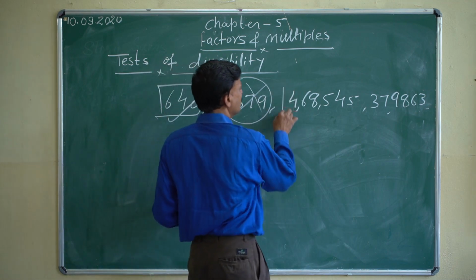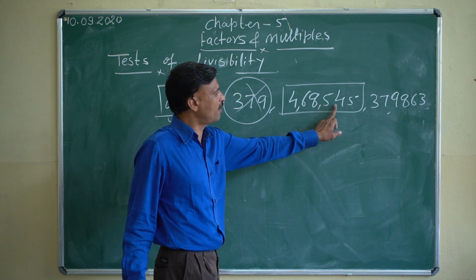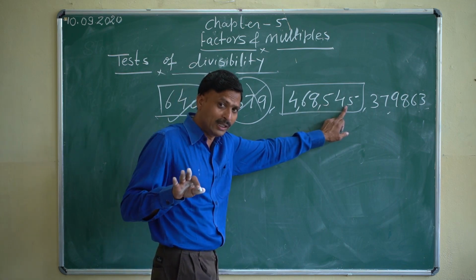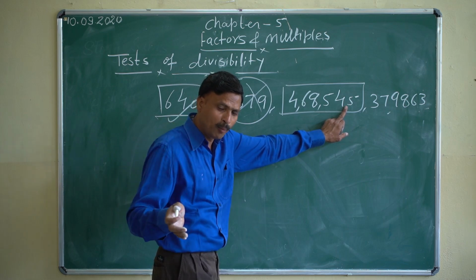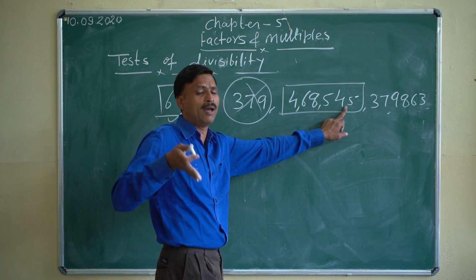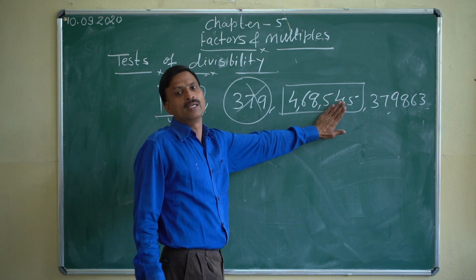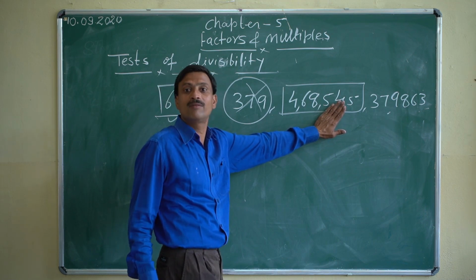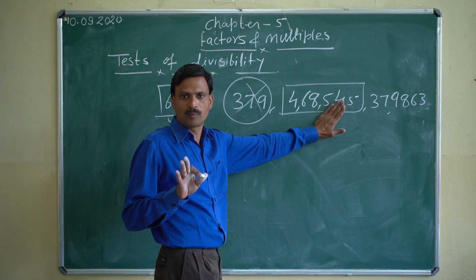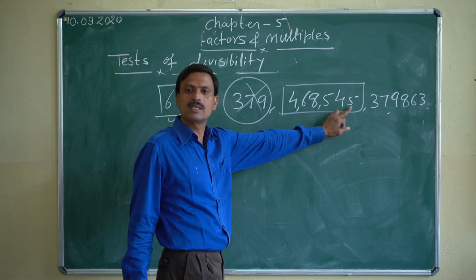Now, the third number, that is 4,68,545. This number is exactly divisible by 5. See, I am not dividing the number, but with the help of the rule we can say without dividing whether the number is divisible by 5 or not. This number will definitely be divisible by 5, because the rule says the unit place digit of the number must be either 0 or 5, and here the unit place digit is 5.